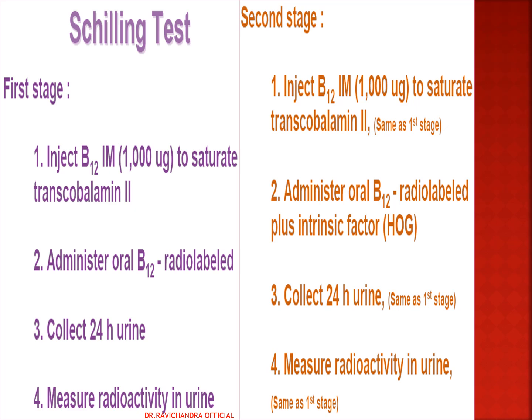You can simply call the B12 which is not radiolabeled cold B12, and the B12 which is radiolabeled with cobalt 57 or 58 hot B12. And you have to wait for 24 hours, collect the 24-hour urine, and estimate the radiolabeled B12 values.